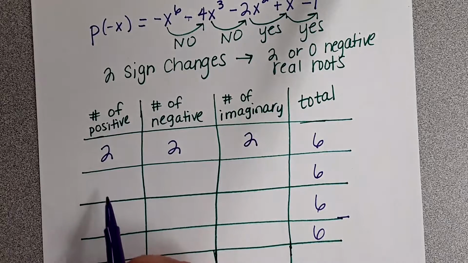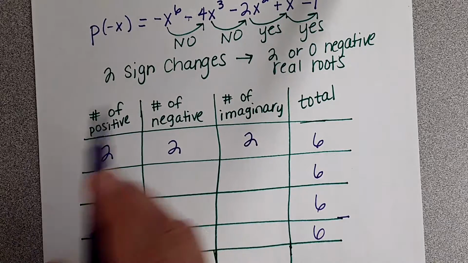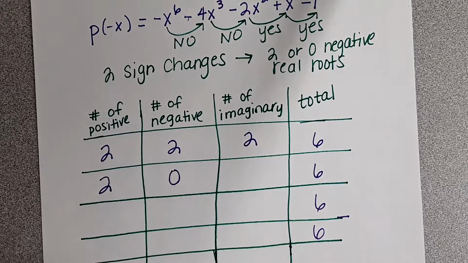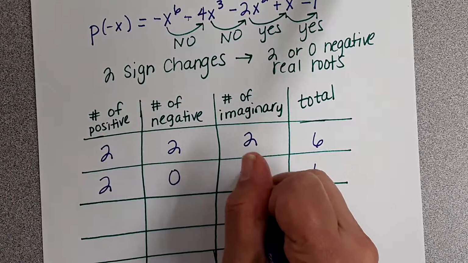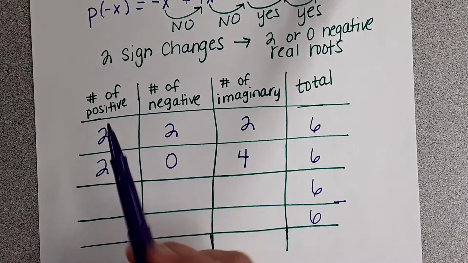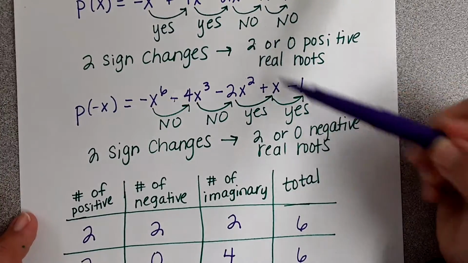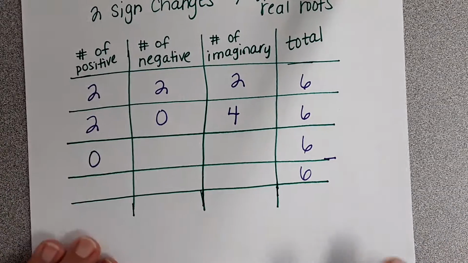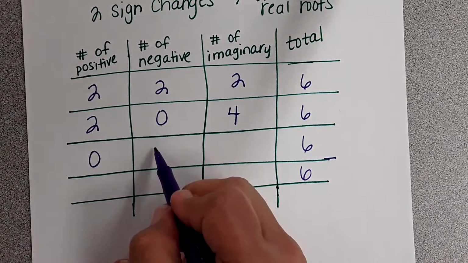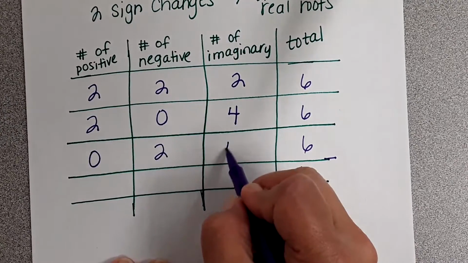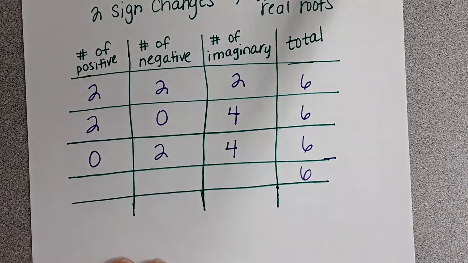Now, I could have 2 positive roots and 0 negative roots, which would leave me 4 imaginary. Remember, imaginaries always come in pairs. Now I'm going to start with 0, the least amount of positive roots I could have, with the maximum number of negative roots, which leaves me 4 imaginaries.